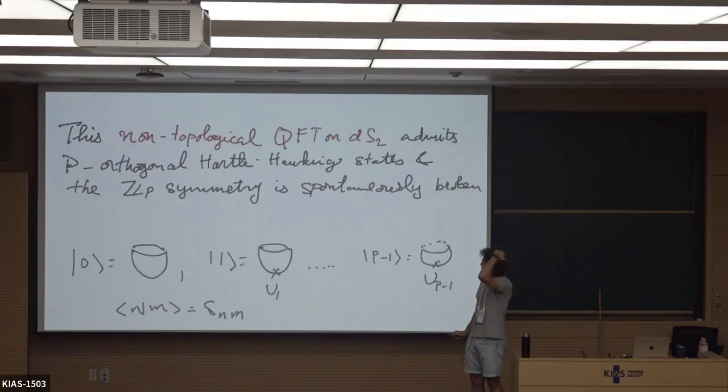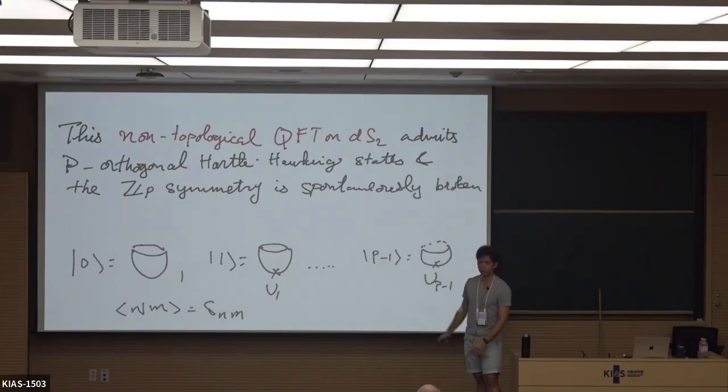Okay, so the conclusion is that now I can just run the game again. In this theory, which is non-topological, I have p orthogonal Hartle-Hawking states using this ZP symmetry, and this is evidence that the ZP symmetry is spontaneously broken.